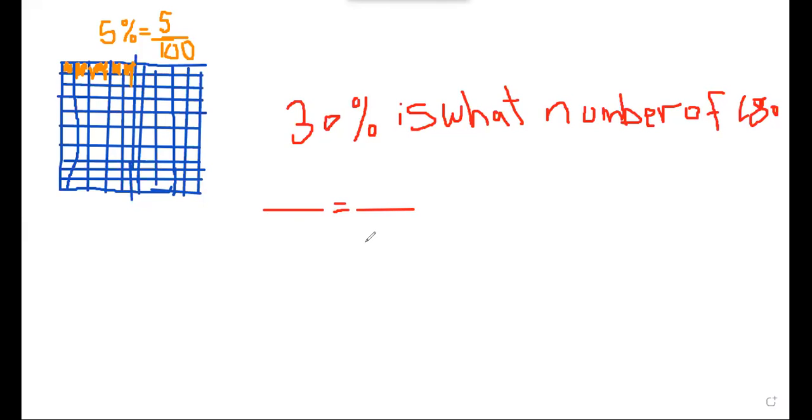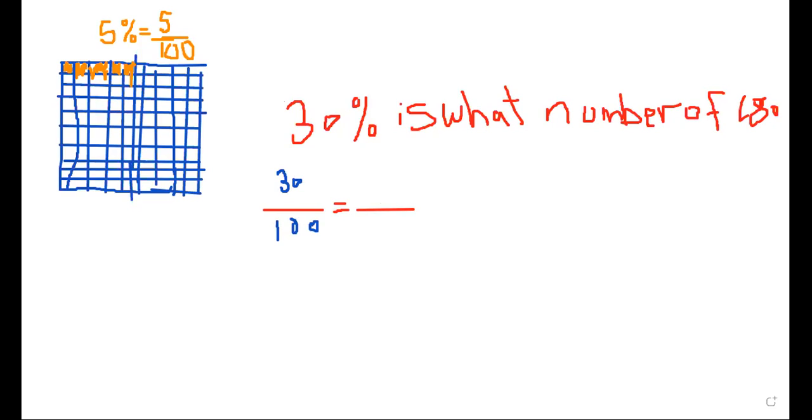Yes, Rahma, go on. We write 30 over 100. Yes, very good. So she is going to translate first: 30% means 30 over 100.